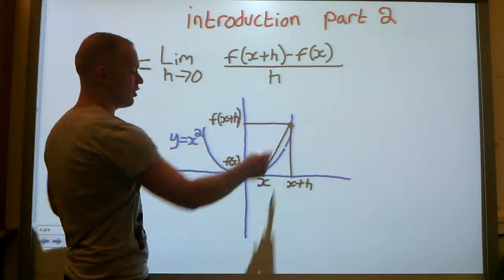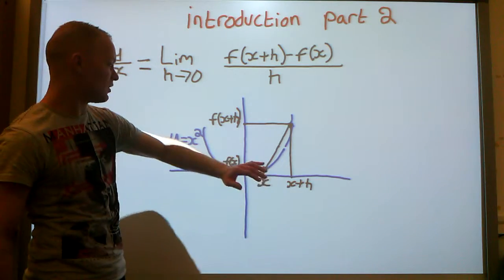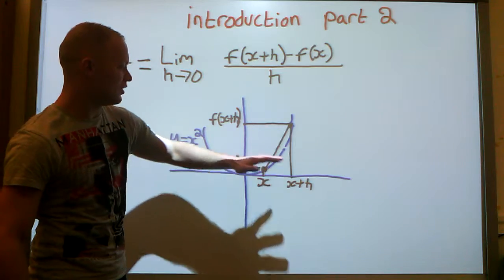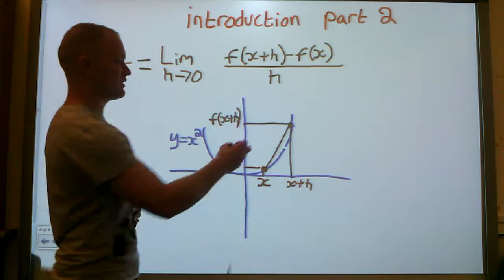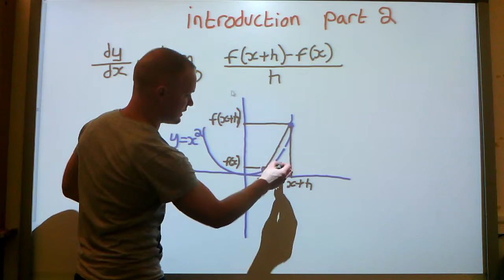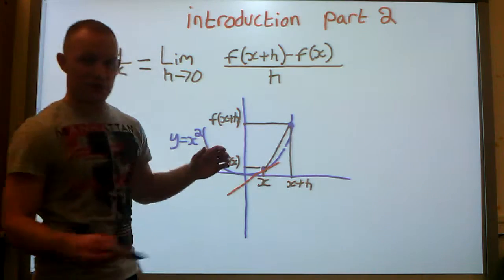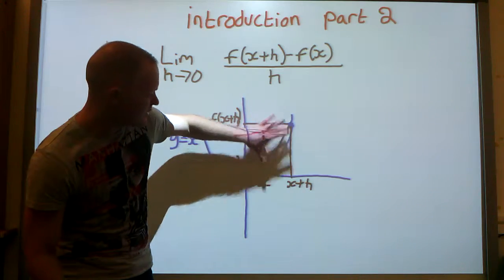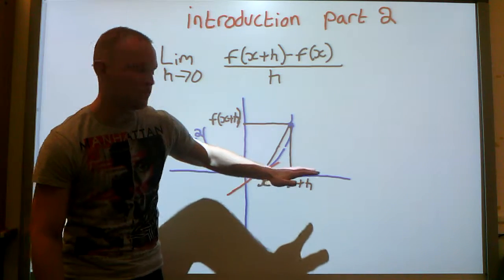We want to find the slope at the point x here, okay? So y2 minus y1 all over x2 minus x1, which gave us the slope of this tangent here. We want the slope, obviously, of this tangent. What we did first was we found the slope of this tangent here, in terms of h.